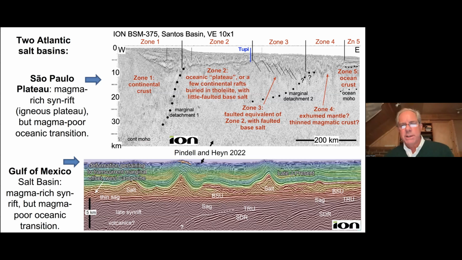This area of strong post-plateau rifting continues laterally into a zone where no one has ever been able to determine the existence of crust. There's a good case to be made that this is exhumed mantle. So even though we had a magma-rich Sin Rift, we have a magma-poor period of time, which might match the time of salt deposition prior to the onset of normal seafloor spreading. The same arguments can be made for the Gulf of Mexico.